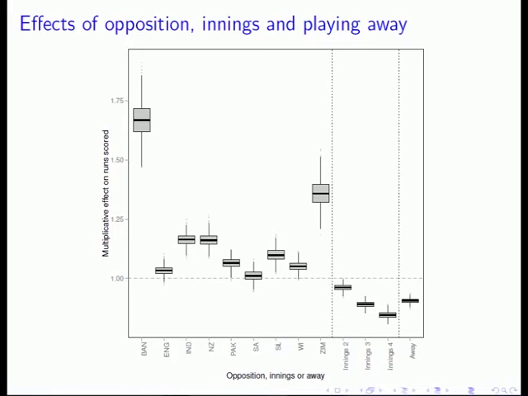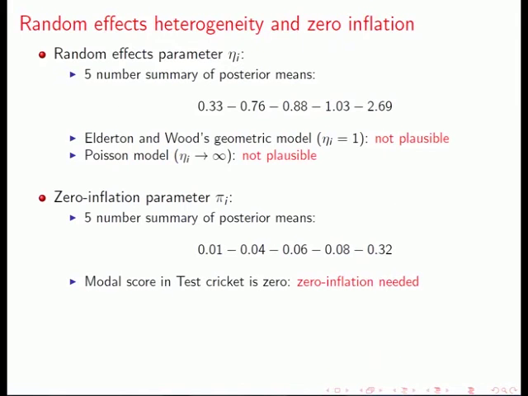So you've got these trade-offs. So playing Pakistan away in the first innings is about the same as playing Australia at home in the first innings. That's putting an awful lot on the model, of course. But that is the model.